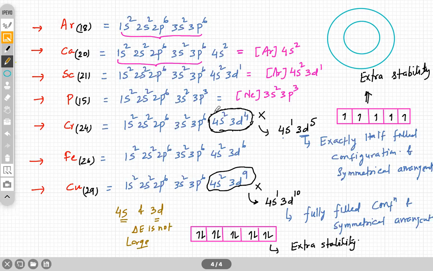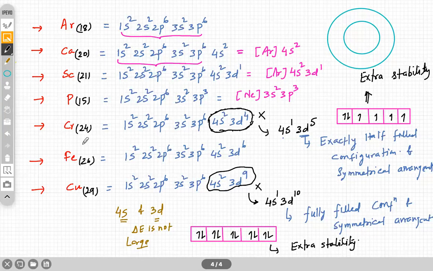That's what I said, that whether it is a fully filled configuration or half-filled configuration, it's a relative thing. If you have only one electron here, then there will be some energy, right? If you have one electron like this, one here and another one here, it will have some energy, meaning an unsymmetrical arrangement.